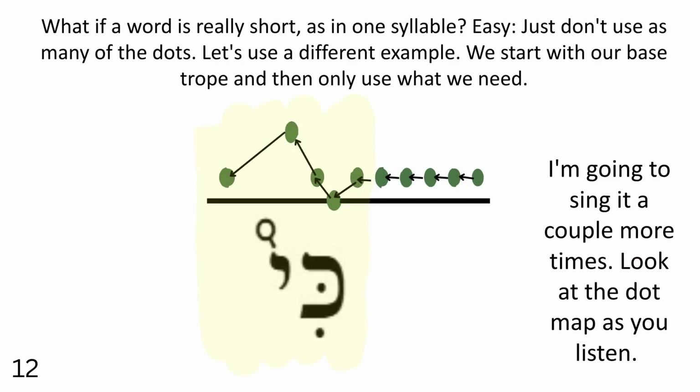Now look at the dot map and pay attention to the bit that I've highlighted in yellow. Ki. I'll do it again. Ki. And that's it. It's very simple when it's just the one syllable, and it takes some adjusting, but once you do it more, you get into the swing of it.